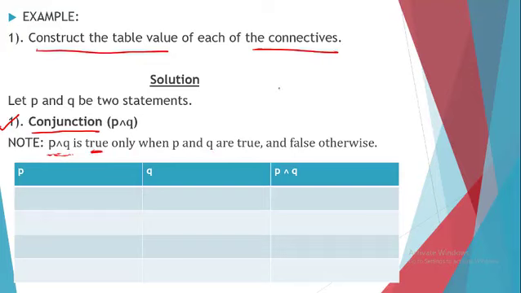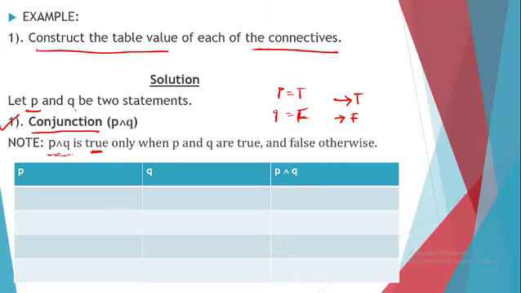So if P is true and Q is also true, then the statement is true. But if P is true and Q is false, then the statement is false, and so on. Do we understand?